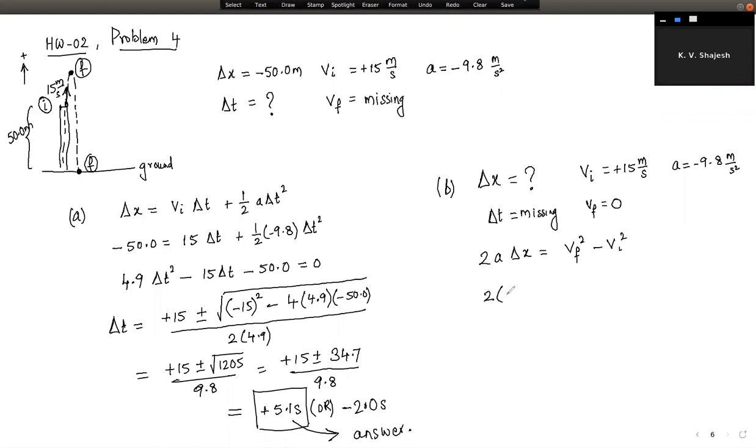So that's 2 times minus 9.8 times delta x is equal to 0 square minus 15 square. Dropping the units for a moment to avoid the clutter. There's a negative sign on both sides, so that doesn't contribute. So delta x is equal to 15 square divided by 2 times 9.8.